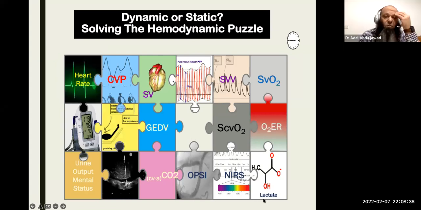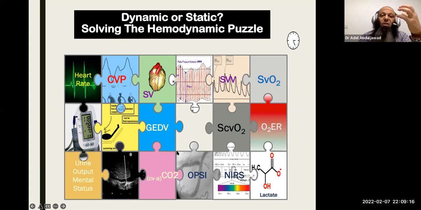And this is the hemodynamic puzzle when we are dealing with a patient in the ICU who is critically ill, either medical or surgical or neurocritical care ICUs. You have to monitor the patient non-invasively, and of course sometimes you have to answer that or solve the puzzle with some invasive tool. So starting with the clinical, then the non-invasive hemodynamic monitors, then more sophisticated hemodynamic parameters, you have to solve the puzzle.